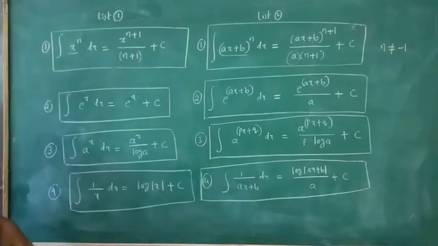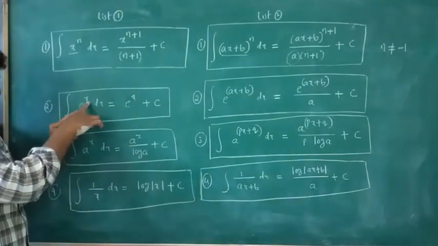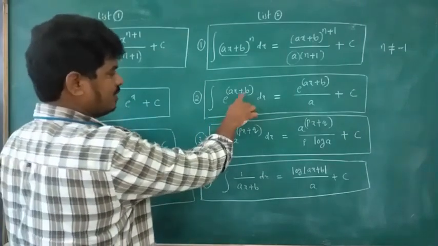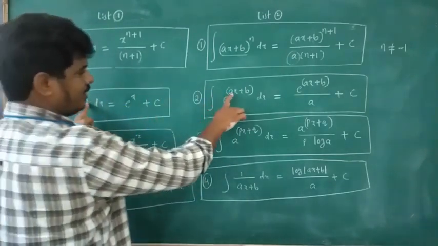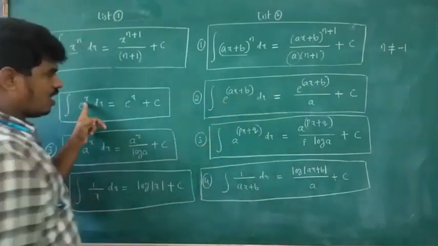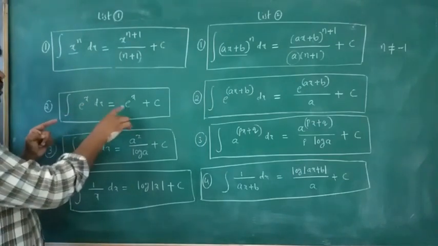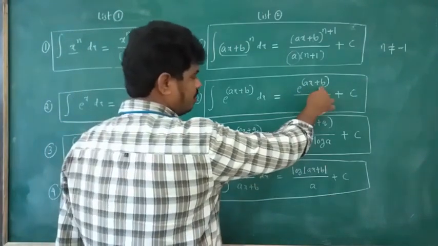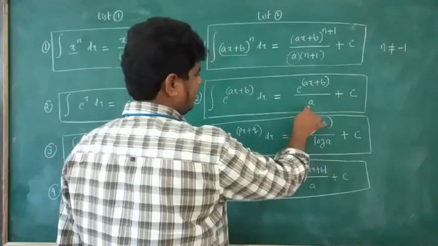Second one. Here we have e to the power of x, and here we have e to the power of ax plus b. In the place of x, we are having ax plus b. If you observe the right-hand side, what is the integral of e to the power of x dx? e to the power of x plus c. Here also, e to the power of ax plus b plus c only, but in the denominator you have to take that a.